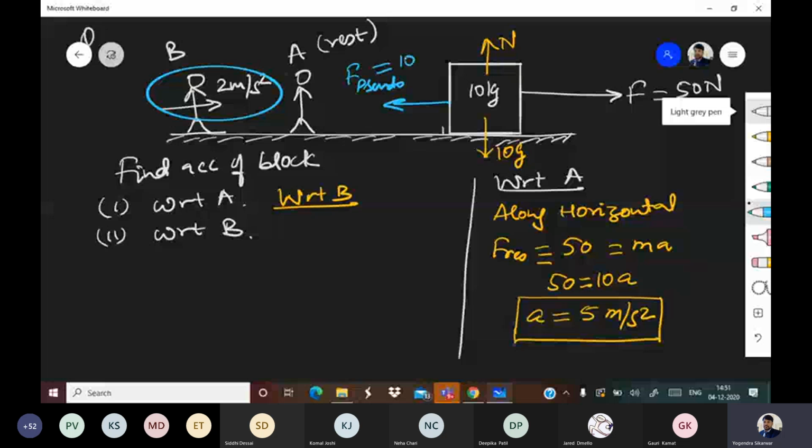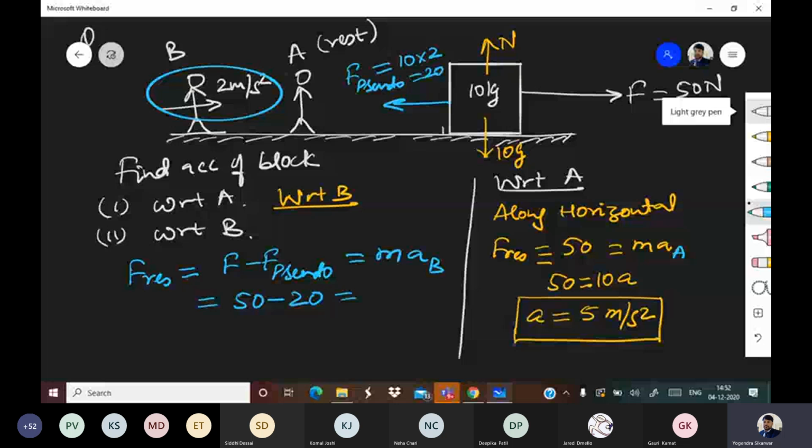So F resultant with respect to B is how much? F minus F pseudo. So that means 50 minus 20, and that should be equal to M into A with respect to B. Okay. So M is 10 and A with respect to B is to be calculated.